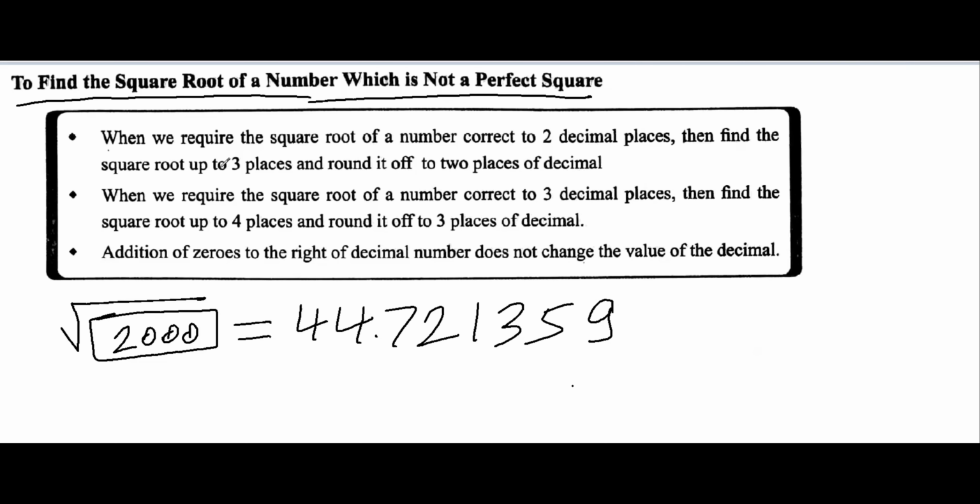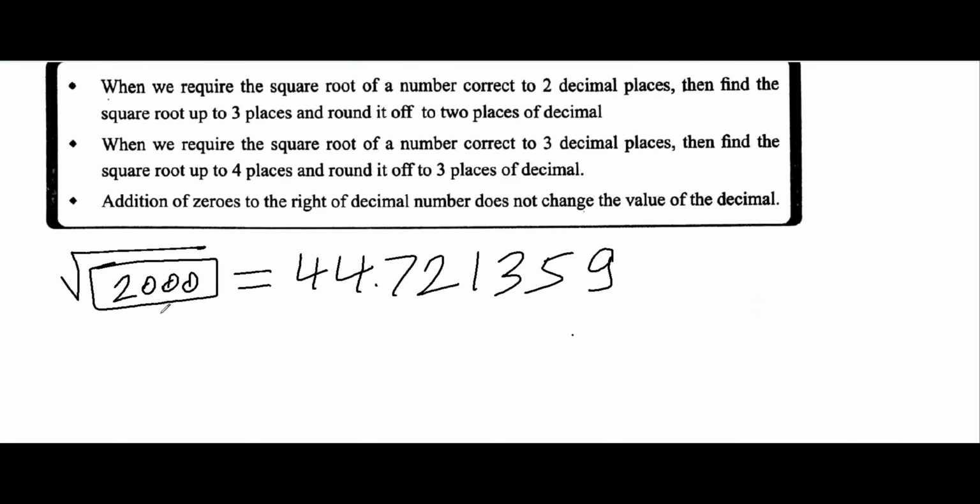So what he's saying is, when we are required to find the square root of a number correct to 2 decimal places, you want to find the number correct to 2 decimal places only. After the decimal point I have to consider only these two places, which are 7 and 2.